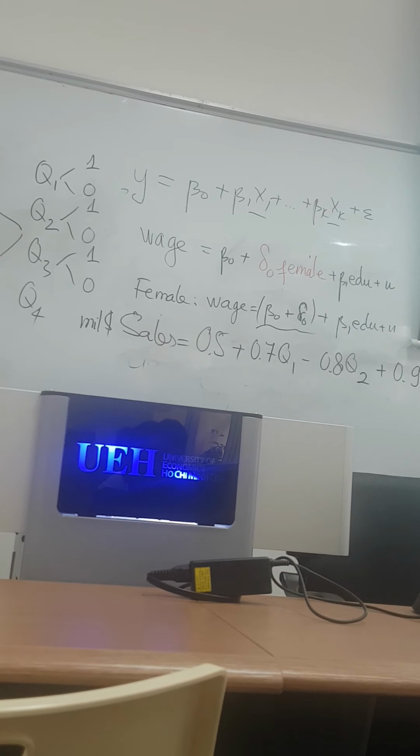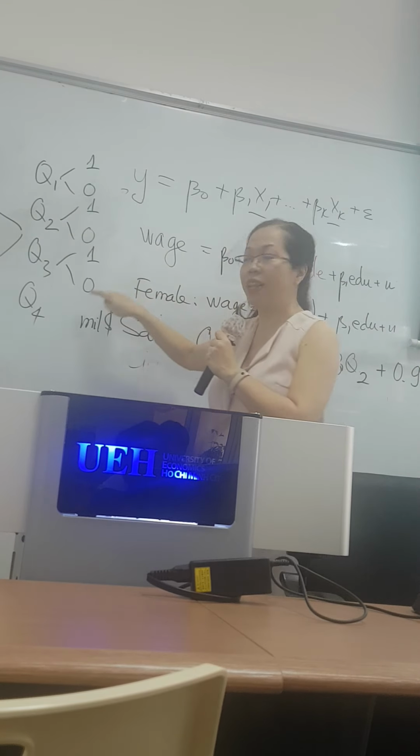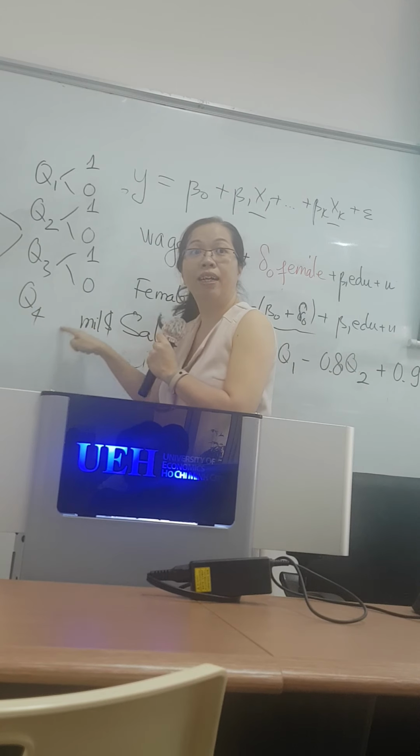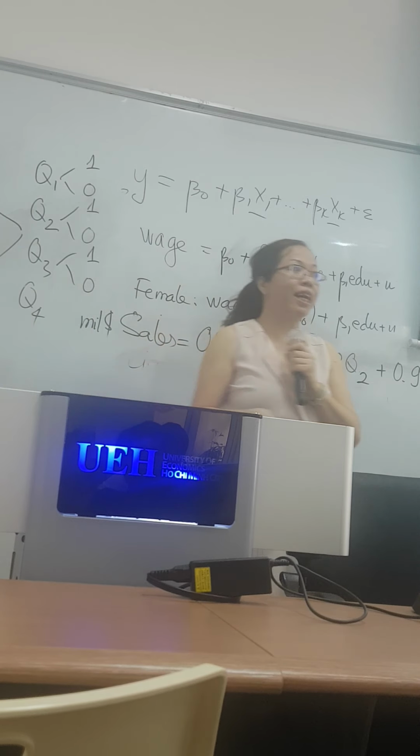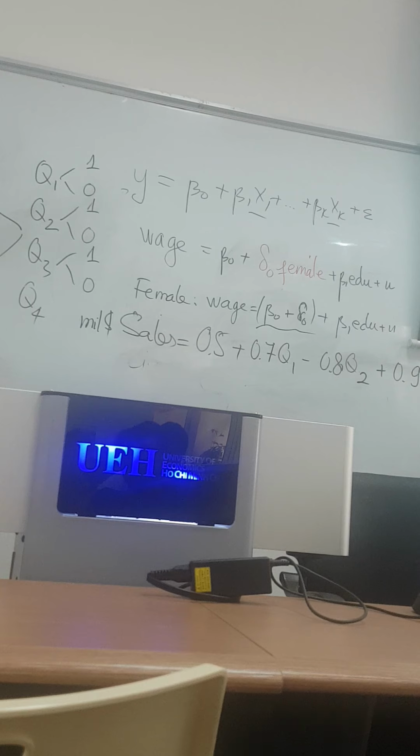Okay, so we got here the base case, and the base case here is going to be the case at which we got the value 0 here, right? 0, 0, 0, so that is the base case here. The base case here will be the variable that we will not include in the formula. So if you look here, the base case is going to have the credit rating equal to 0.